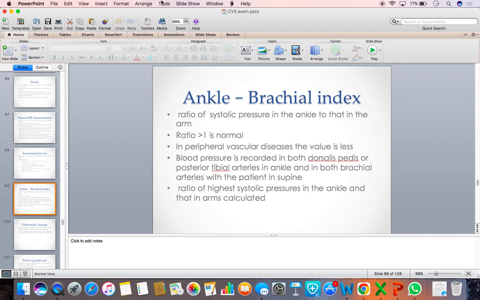This is again very important. Blood pressure is recorded in both the dorsalis pedis and posterior tibial arteries in the ankle, and both brachial arteries with the patient in supine. So take the readings in both the limbs.